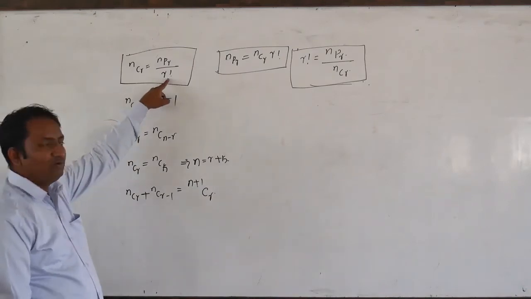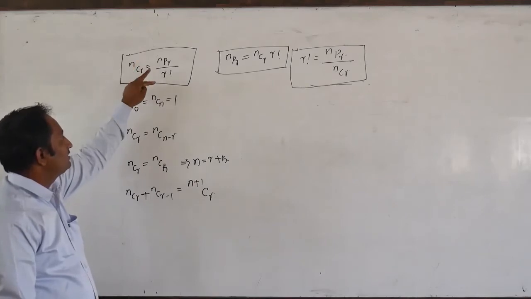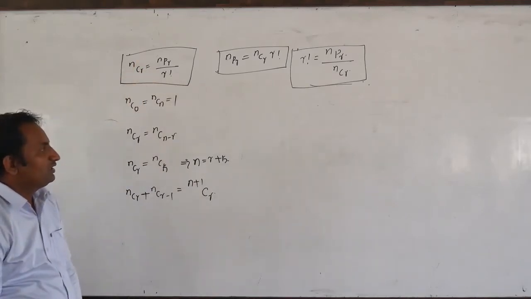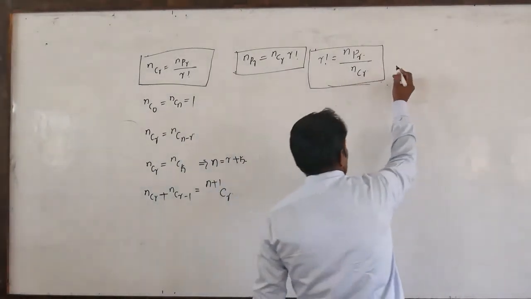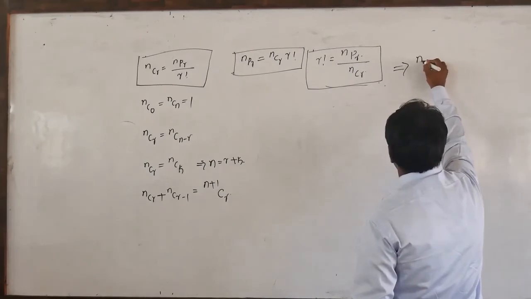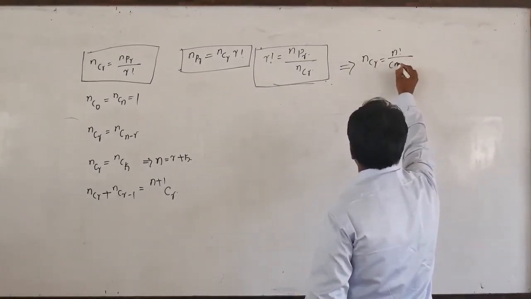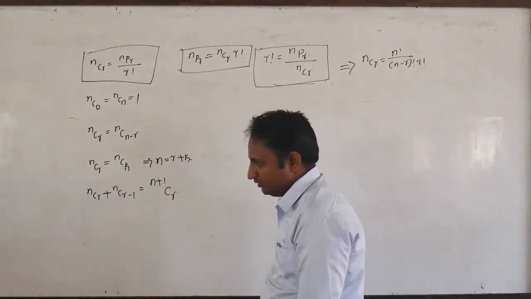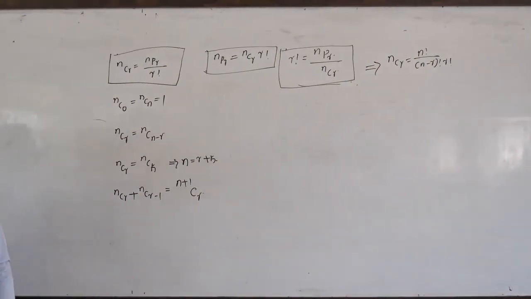Simplifying these two terms, we get r factorial is equal to nPr divided by nCr. Finally, nCr is equal to n factorial divided by (n minus r) factorial into r factorial. These are the list of formulas belonging to combination.